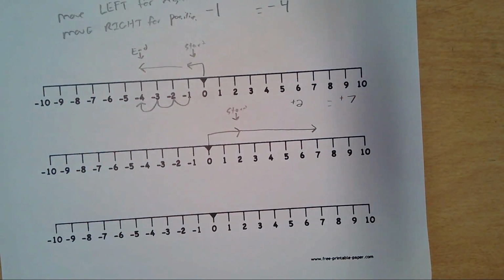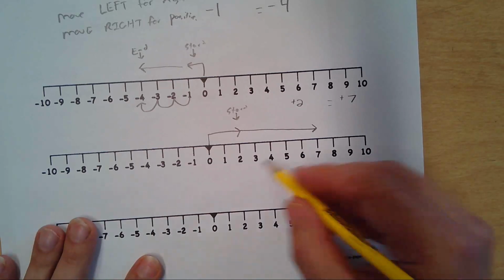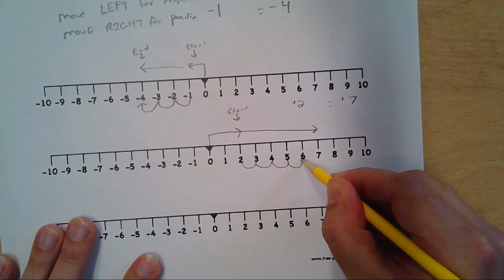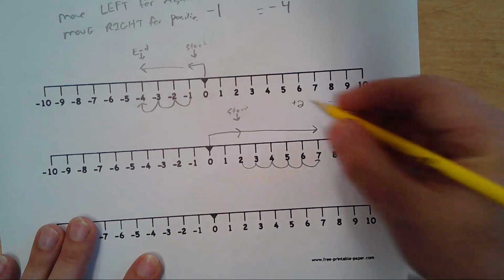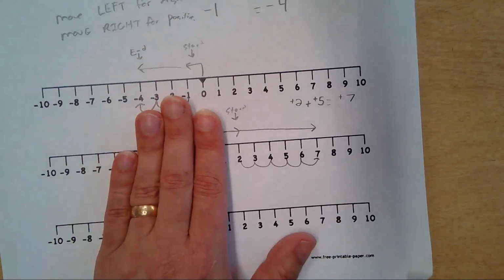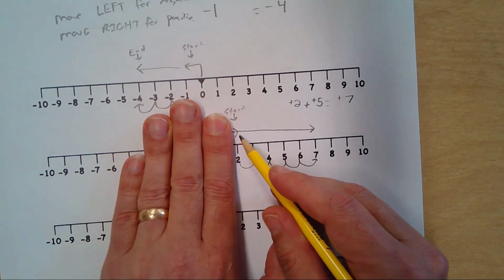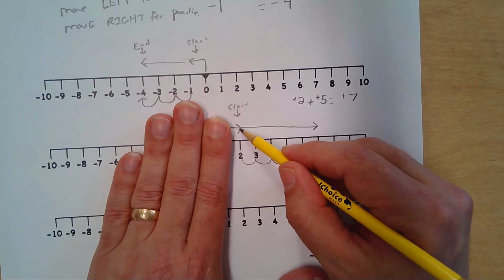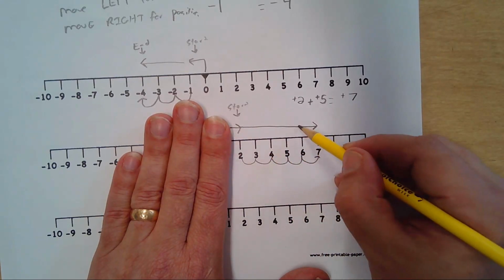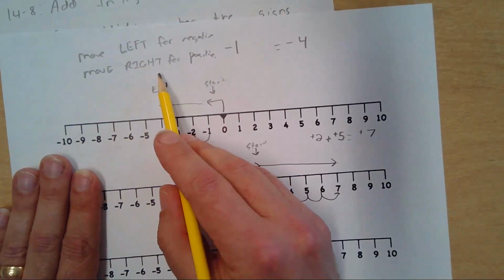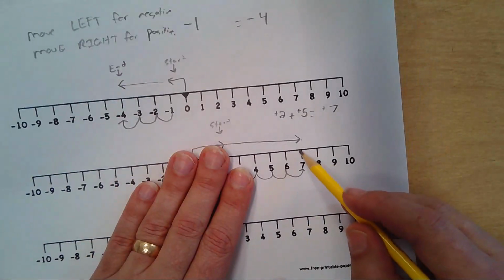How many jumps did it take me to get from 2 to 7? 1, 2, 3, 4, 5. So basically, I added 5 more jumps, right? I started here at 2. There's where I began the whole thing here. I ended up here, and if I'm at 2 and I go 1, 2, 3, 4, 5 more spots to the right, because when I move right for positive numbers, well, then I end up at positive 7.